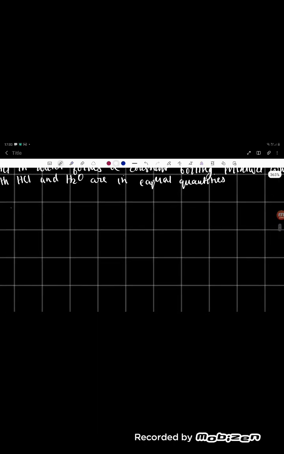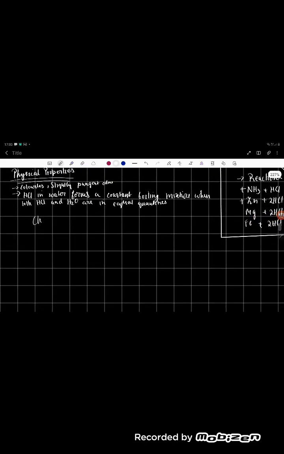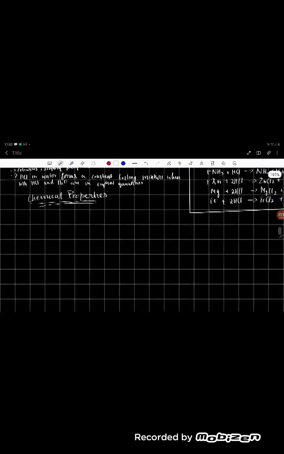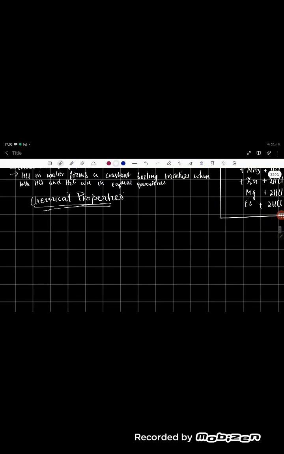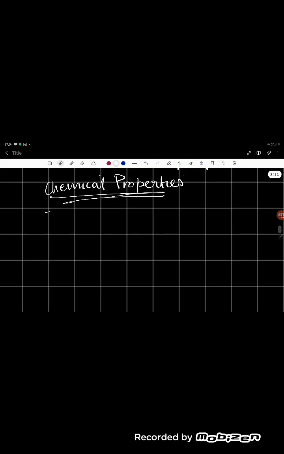Now, moving on to the chemical properties. The first property you have to remember is the acidic property of HCl.